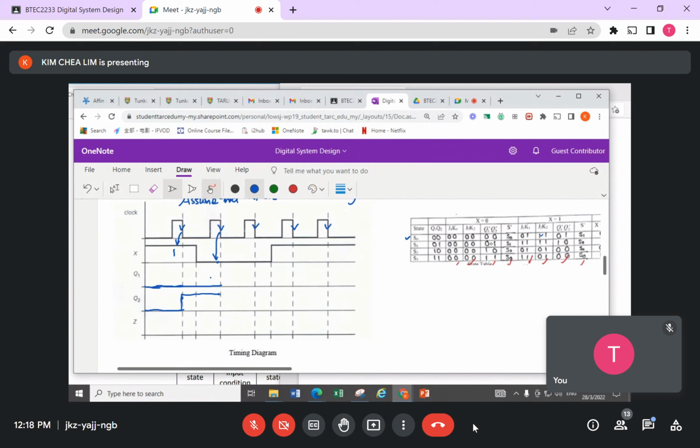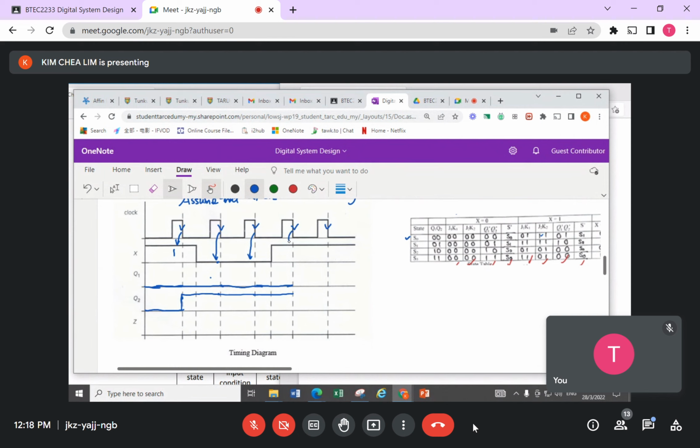What is the next state? 0, 1. So I continue this. Check again. Still 0 for the X input, so I'm going to remain here as 0, 1. No change.